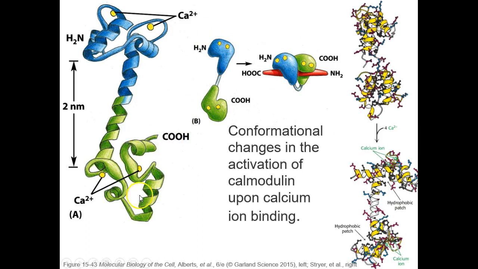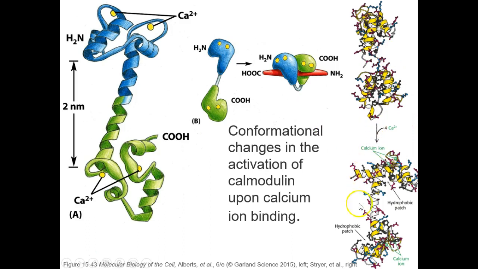So here the calciums are shown in yellow, and this is the calmodulin, and it has this hinge region right here, and this is the conformational change that occurs. If we have this target protein right here in red, we can see the calcium calmodulin can bind at this hinge region and just completely wrap itself around this protein. So here the calmodulin is activating that target protein, whatever it is.